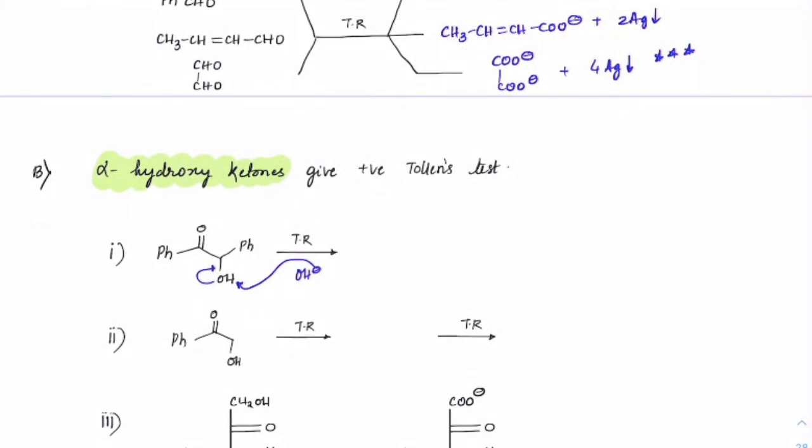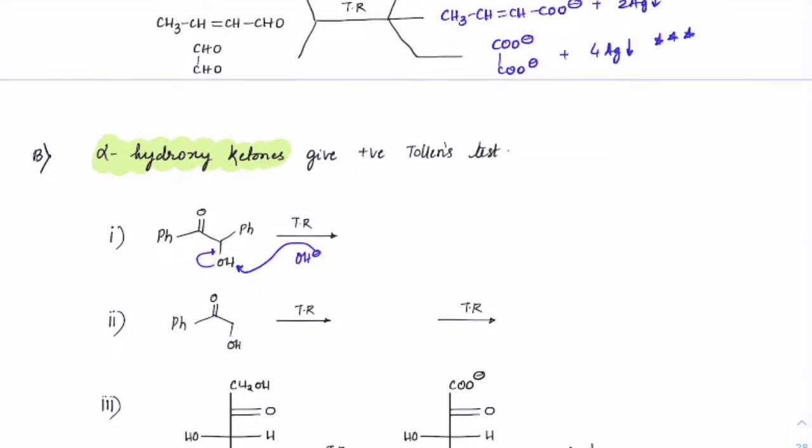What has been identified is that all alpha hydroxy ketones will also give a positive test towards Tollens reagent, which means you will get this product, double bond here, double bond here. So alpha diketones are formed and silver will get precipitated.